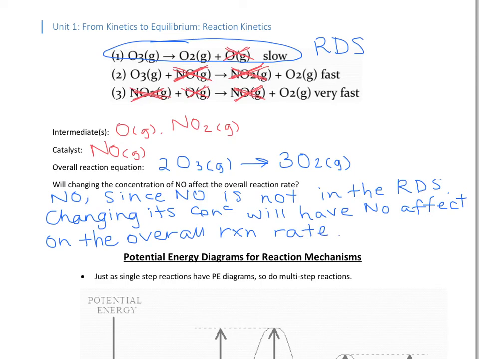So be very careful when you're working with mechanisms to ensure that you don't fall into the trap of a trick question. Check to ensure that the species that they are talking about appears in the rate determining step. Remember, this only works for mechanisms.